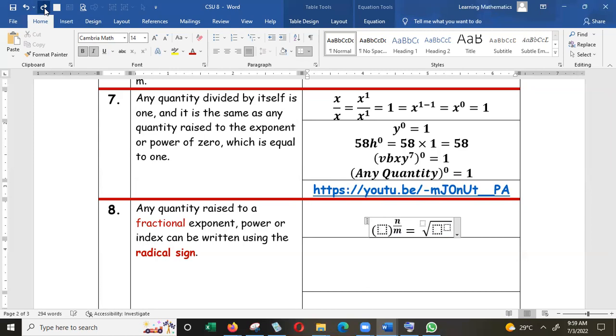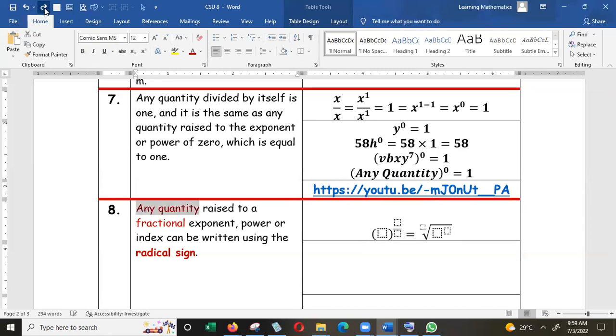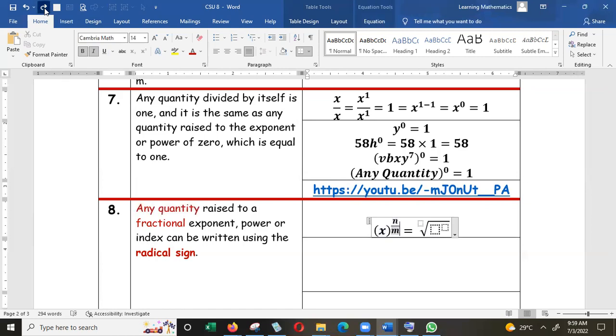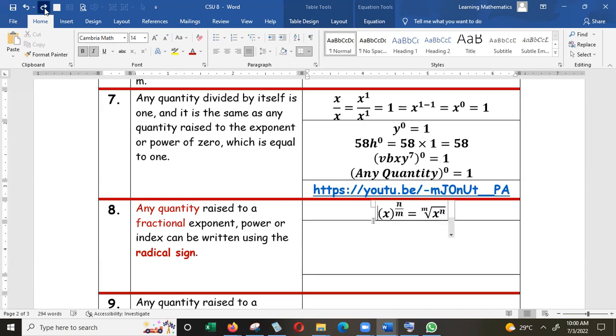And here you have it. x raised to n over m. That's x under the radical sign. m is the denominator, it will become the degree, and n will be the power or the exponent of x under the radical sign.